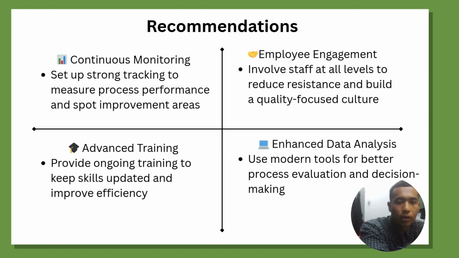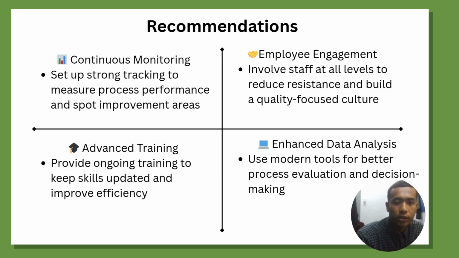Okay, for recommendation, there are 4 points. The first one is continuous monitoring. Continuous monitoring is to set up strong tracking to measure process performance and spot improvement areas. The second one is employee engagement.